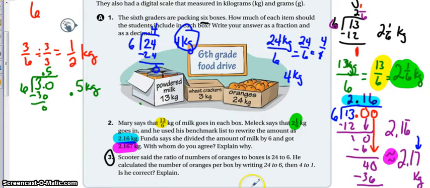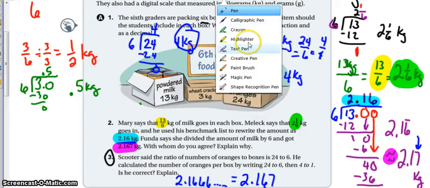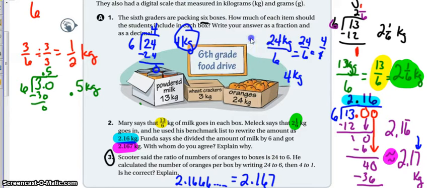So what Funda did was she said, since the 6 repeats forever, that we would round it to there. So 2.1666... is going to be equal to 2.167 because we want to round it up to where it quits. Okay, so again, Funda is also correct because 2.167 is going to be another way of writing it.